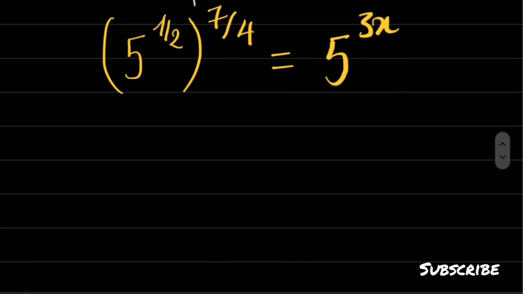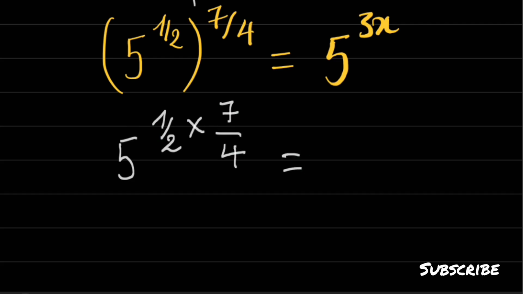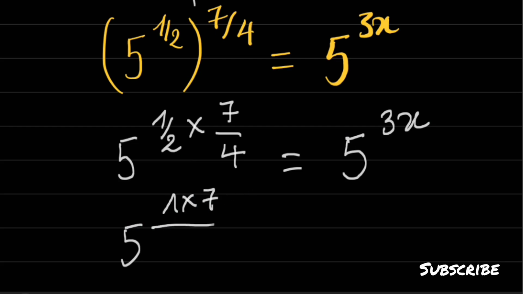So we have to solve this equation and look for the value of x. At this level we have 5 to the power 1 on 2 times 7 on 4, which is equal to 5 to the power 3x. This means 5 to the power 1 times 7 on 2 times 4 is equal to 5 to the power 3x.